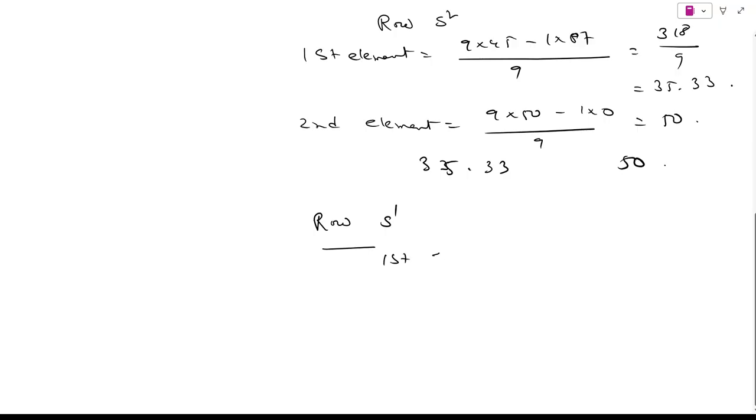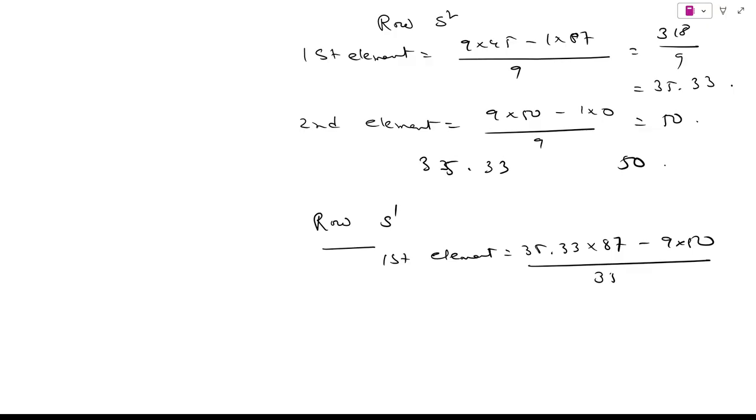Now the next row. First element. This is 35.33 into 87 minus 9 into 50 by 35.33. So what is the numerator? Numerator is 2623.71 by 35.33.